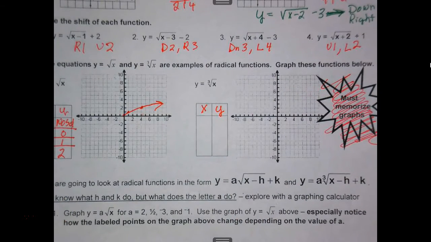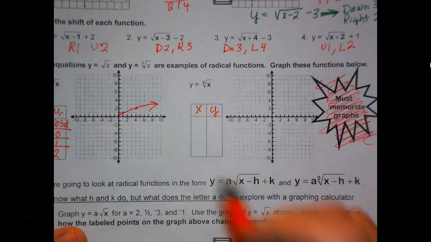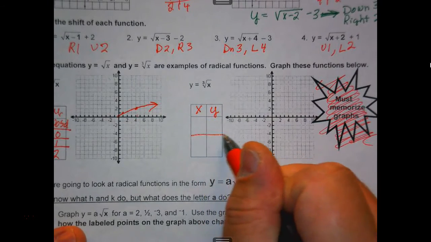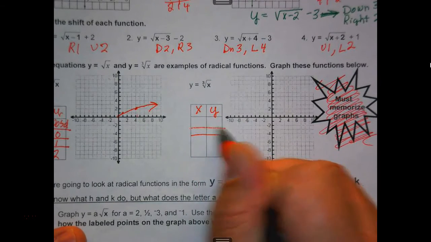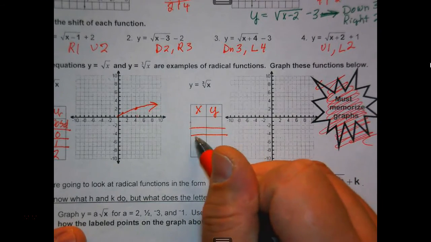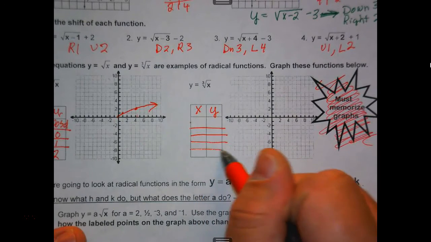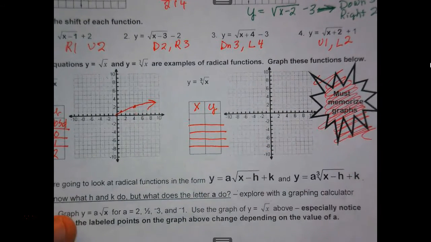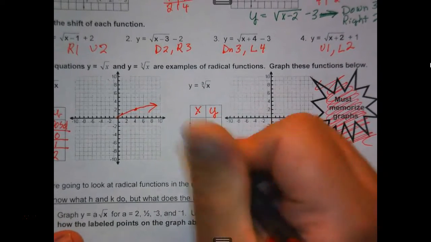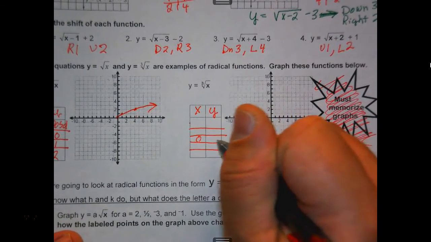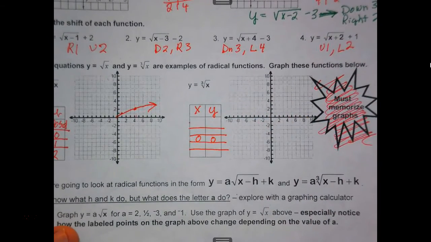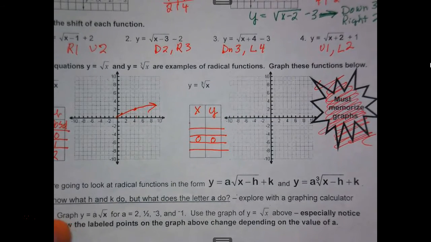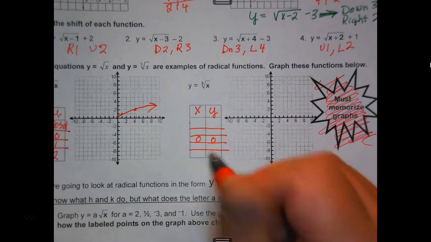X, Y. Let's start with the easiest. What's the easiest? 0. Cube root of 0 is 0. Okay, what's the next perfect cube from 0? 1, 1.